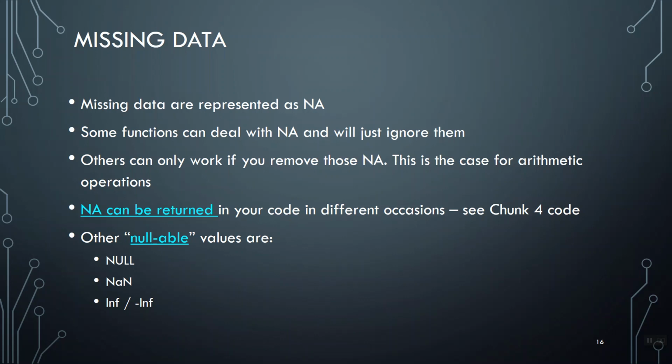But there are some other functions, for example, arithmetic functions like min, sum, that cannot deal with missing values. So if you want to do the sum of a numerical column that has missing values, you need to say sum and then ignore the NA.